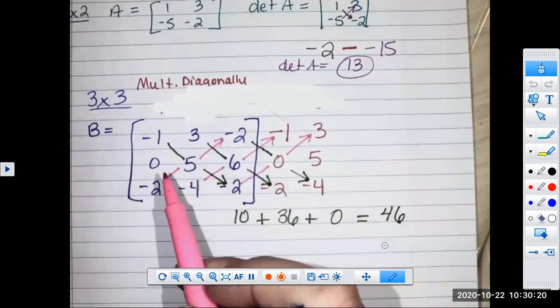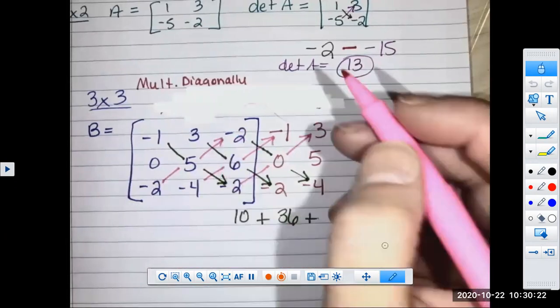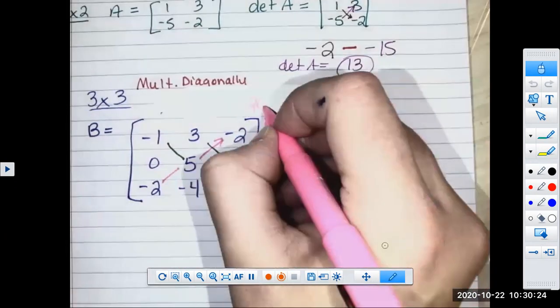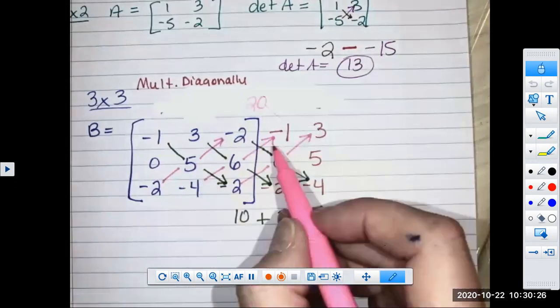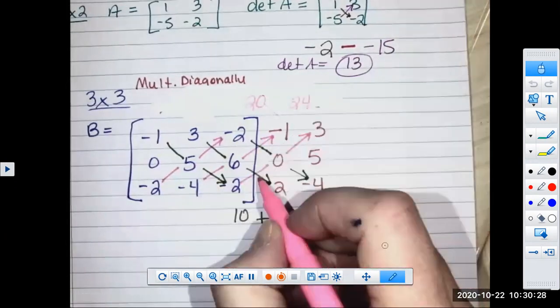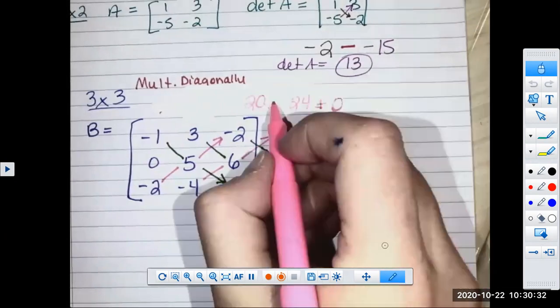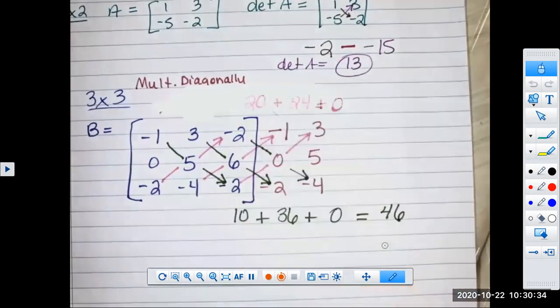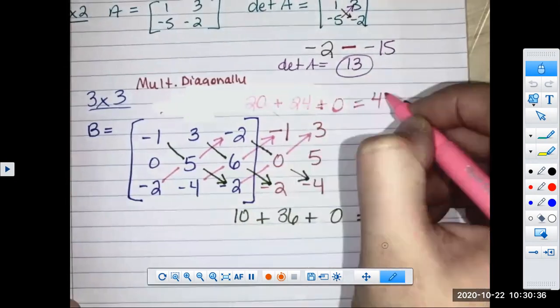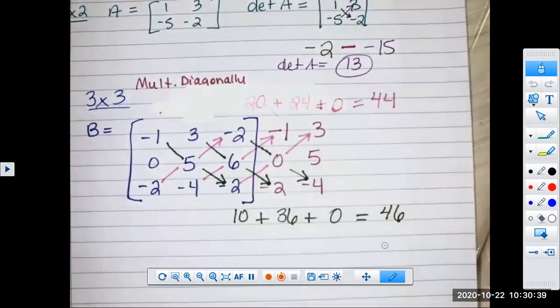So write your products. This is going to give you positive 20. You get positive 24, 0, and add all of those together, and you get 44.